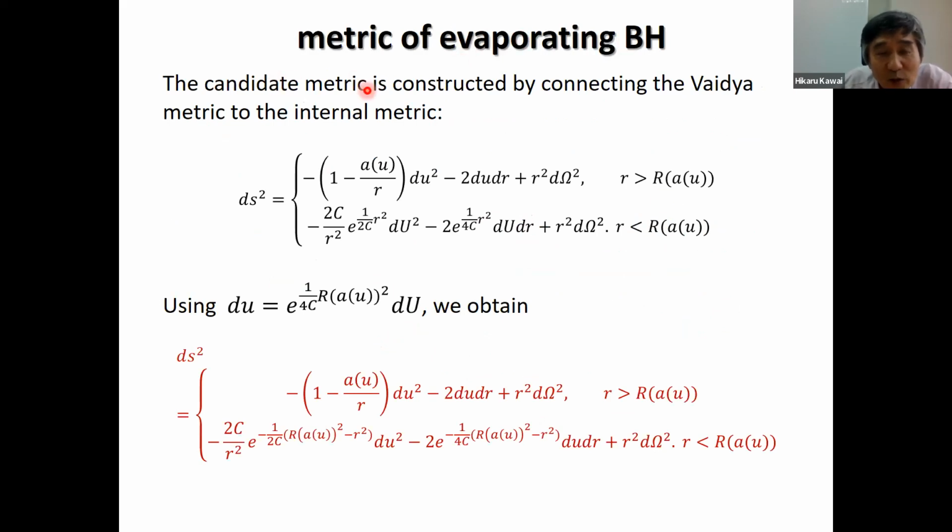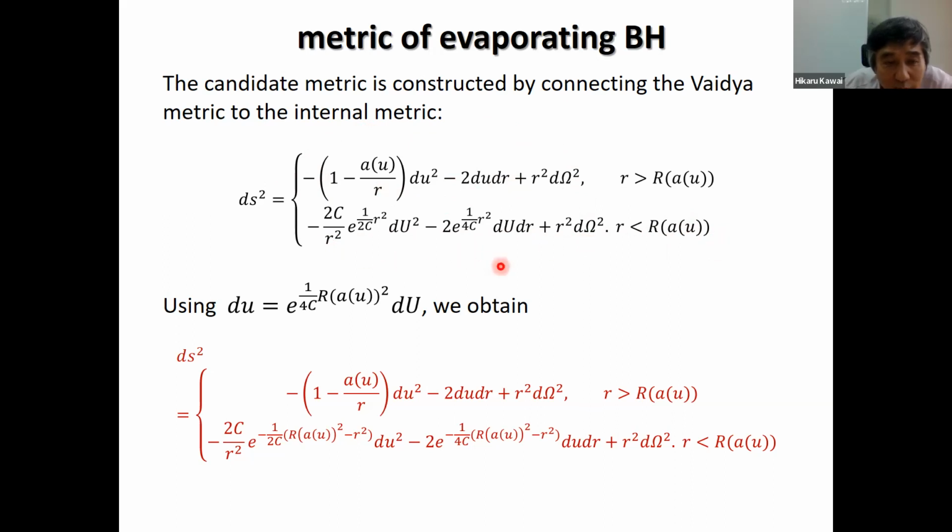So the candidate metric is constructed by connecting the Weiser metric outside to the internal metric we have seen. Outside the surface, we have a Weiser metric. And inside the surface, we have this metric obtained from the multi-shell model.